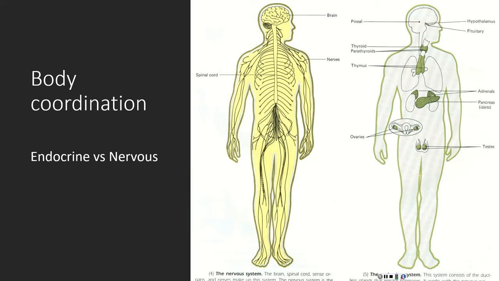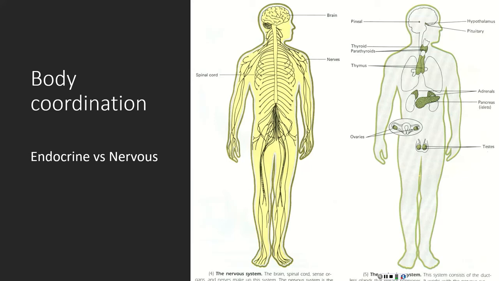But let's begin by talking about body coordination, how different parts of the body are able to coordinate with each other and keep everything working together. And there's really 2 systems that carry out that role. The first is the endocrine system, which is actually covered in Bio 139.